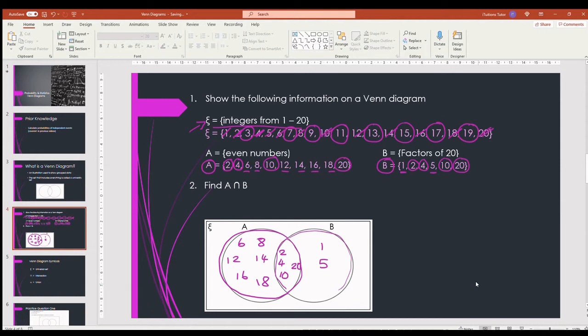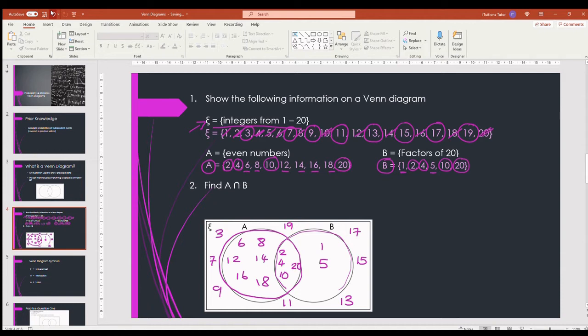And these are the numbers that will go on the outside of the circles. Put these in. And this completes our Venn diagram.